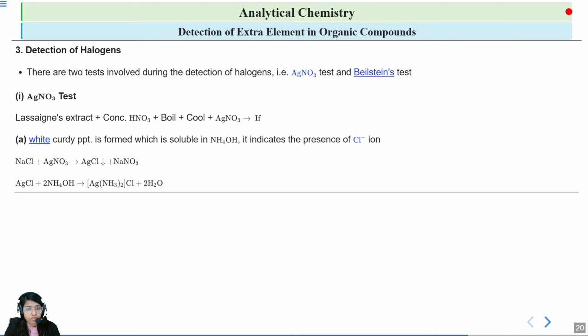So if we perform the AgNO3 test with the sodium halide Lassaigne's extract, and it results in the formation of a white curdy precipitate which is soluble in NH4OH, this indicates the presence of chloride ion as halogen in the organic compound.